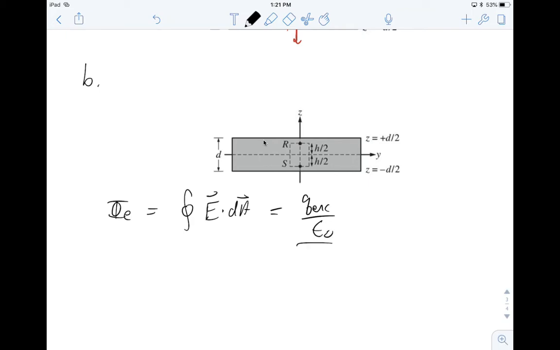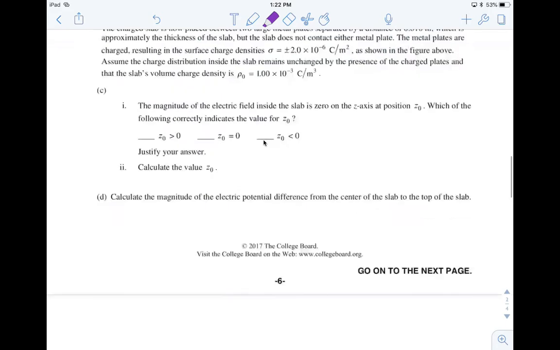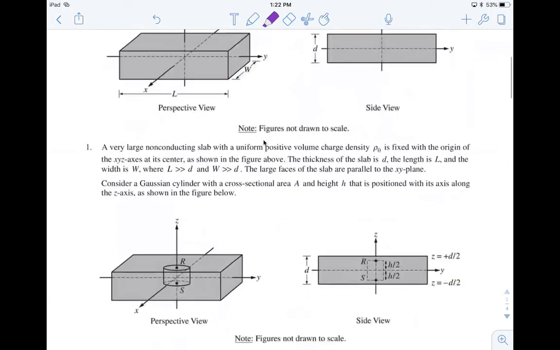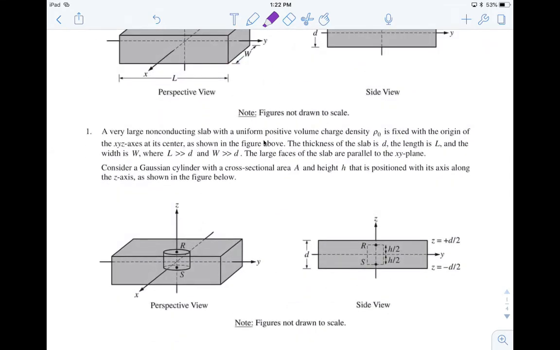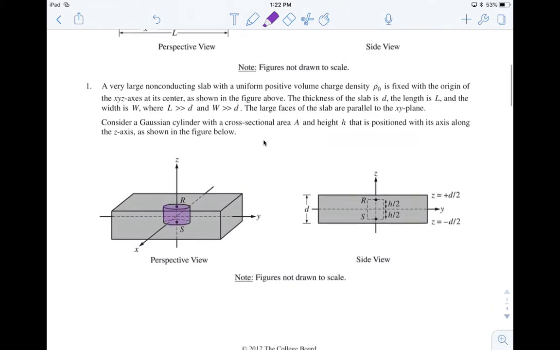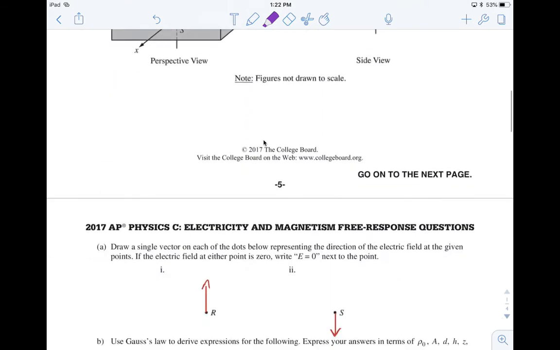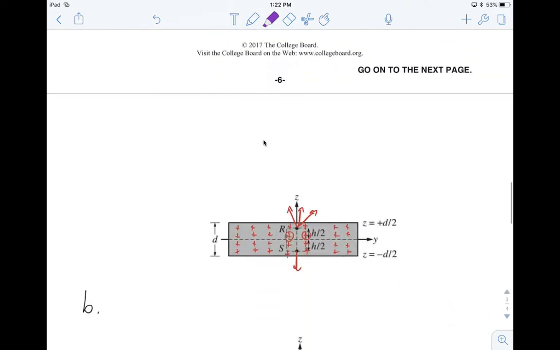Okay, so we need to figure out how much charge is enclosed within our Gaussian cylinder. So it contains that amount of charge. It is three-dimensional. They have a three-dimensional picture, right? So there's our cylinder. We want the whole charge there. Okay, so what is Q enclosed?